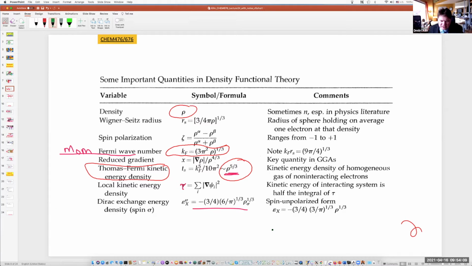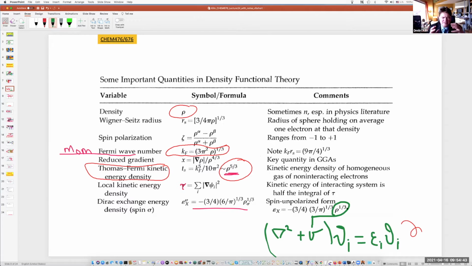The gradient square plus potential gives us Kohn-Sham orbitals and energies of orbitals. This potential is the functional derivative of energy, and it's often called exchange correlation. And we noticed that in the simplest way, it is rho to the power 1/3.